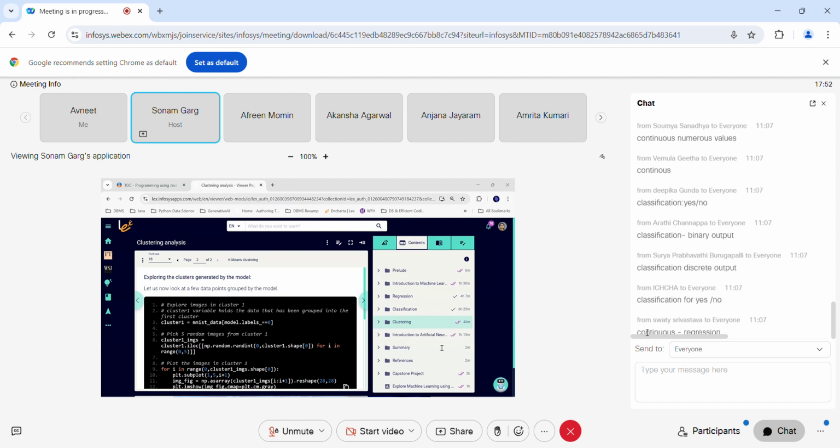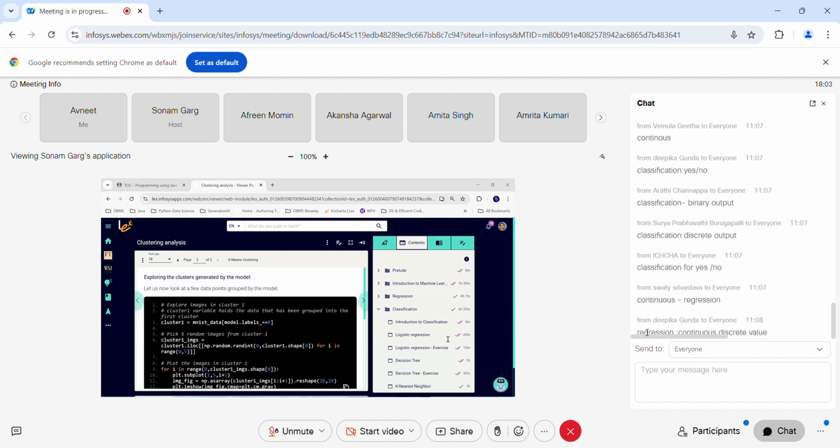If you want answers in the form of 0, 1, true, false, yes, no, then you can go for classification. And if you have continuous numerical values, not discrete, then we can go for regression techniques.